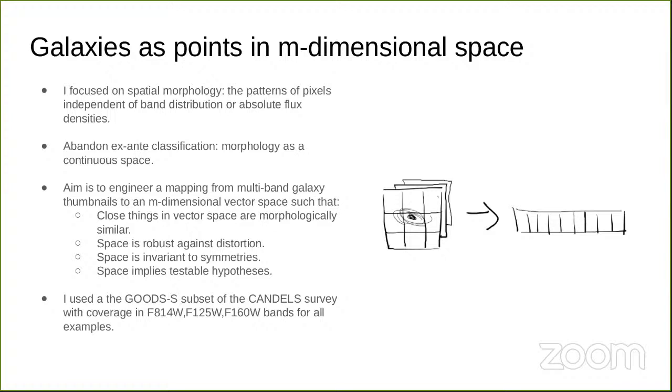It turns out just looking at spatial information requires a lot more dimensions than looking at both space and flux, because flux does a lot to differentiate galaxies. Does that make sense? So there's no shape per se, it's just points in space.